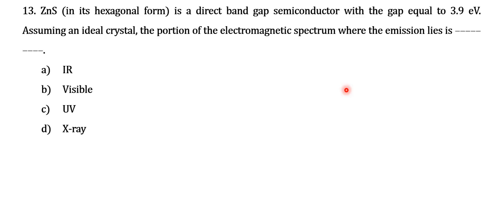Can anybody tell me the lambda value? You have to substitute 3.9 is equal to 1240 by lambda, or lambda is equal to 1240 divided by 3.9. 1240 is actually a shortcut for hc, the constants h and c. If you multiply them, you will get 1240.